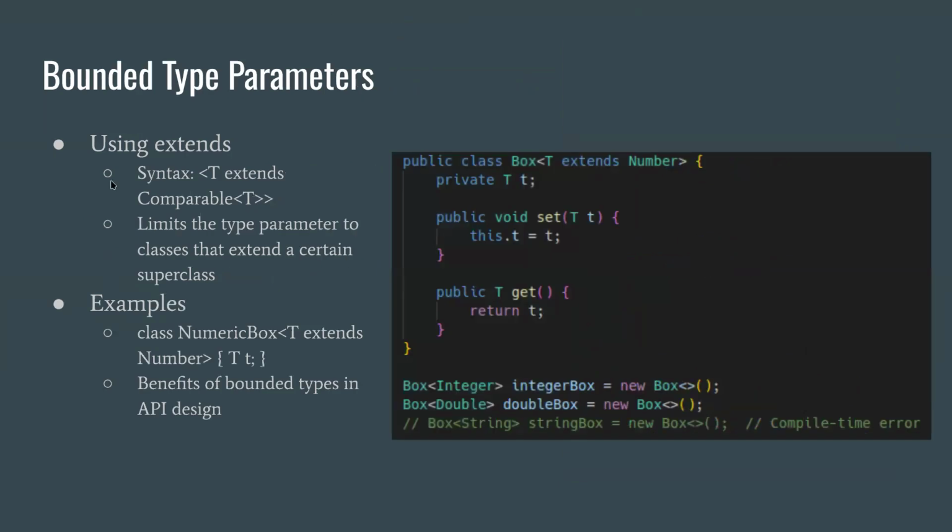Bounded type parameters. Bounded type parameters are a really important aspect of generics. What they do is they restrict the types that can be used as type parameters. So for example, we have this Box class.